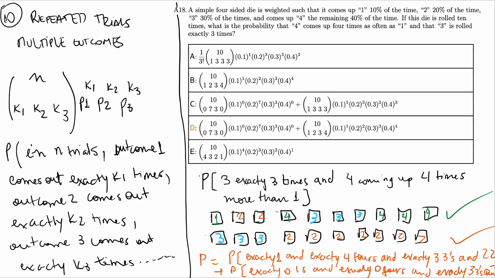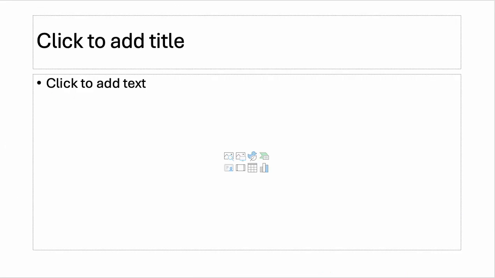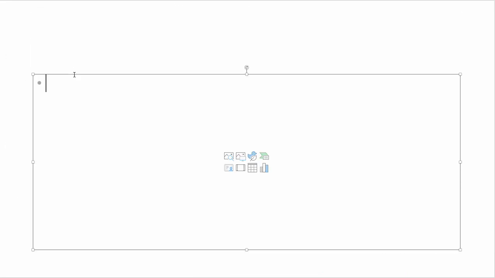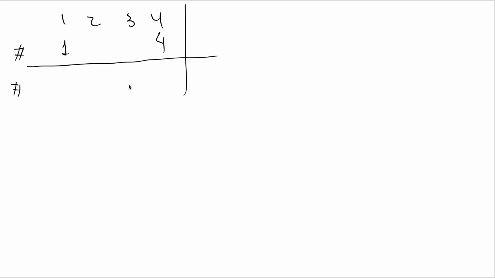So one way I like to solve this is like this. When I have too many variables in multiple outcomes, I like to make myself a table. It helps. So these are the faces of the die and the number of times it will appear. Okay? I have two situations that are good for me. The first one, recall, is 1 appearing 1 time. Then 4 will appear 4 times. 3 is 3, right?